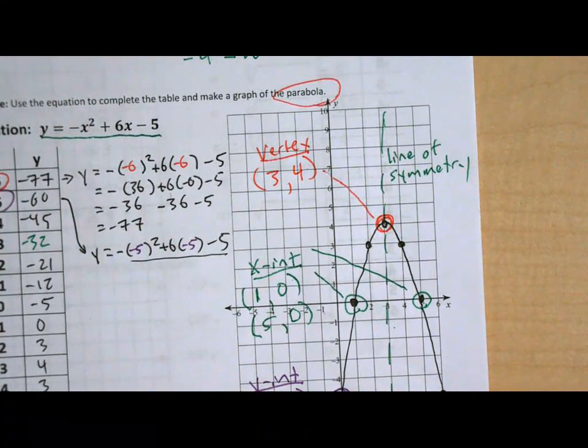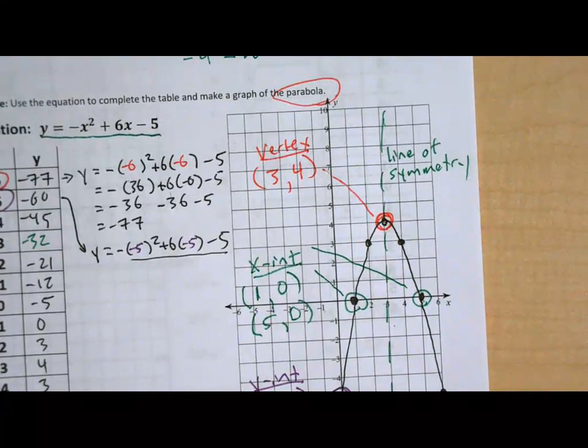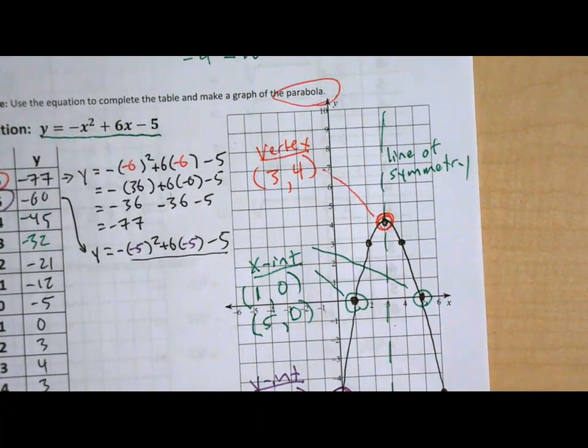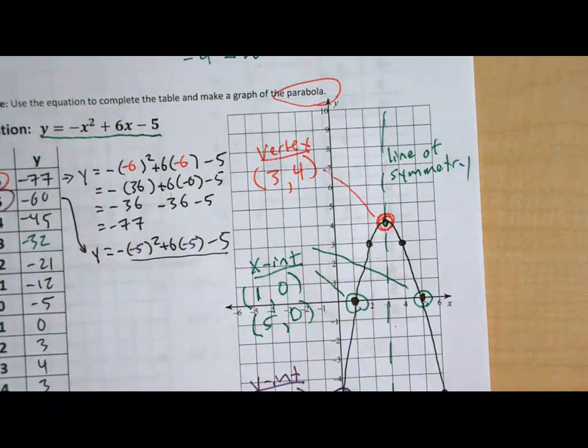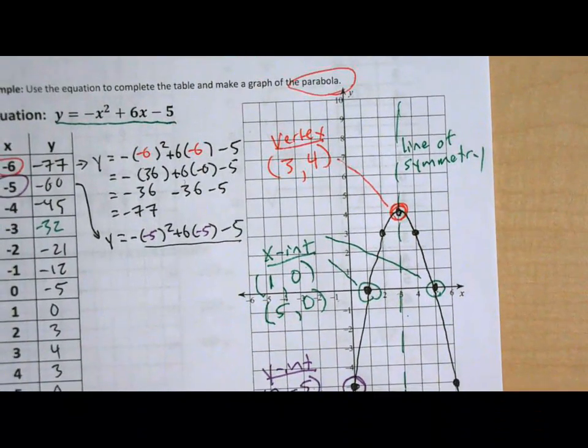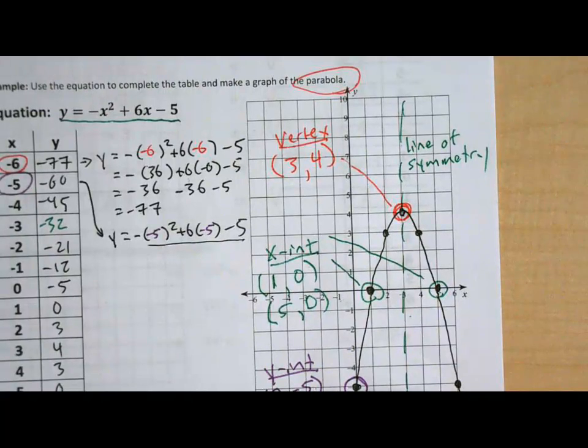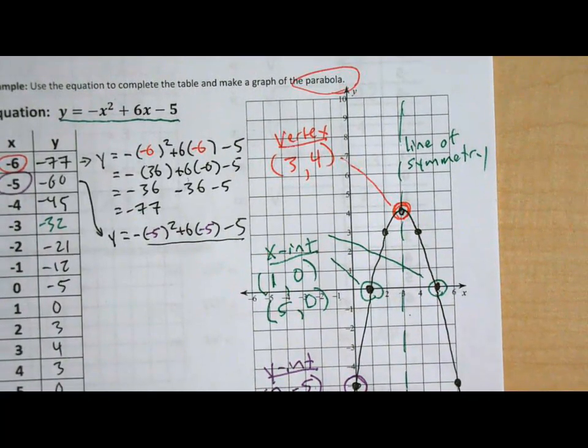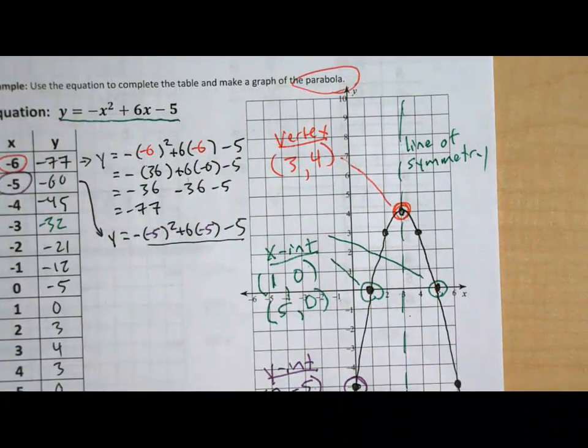All right, we're almost done with our analysis. Next up is maximum. So the maximum is the highest point on the graph. There's no point that's any higher than that. Can you spot that?